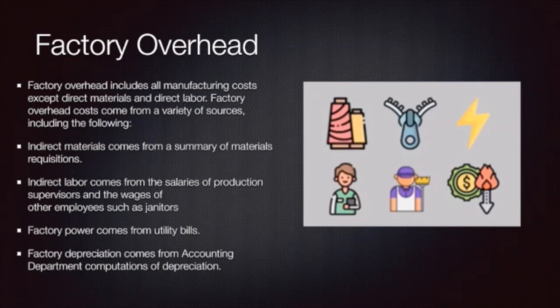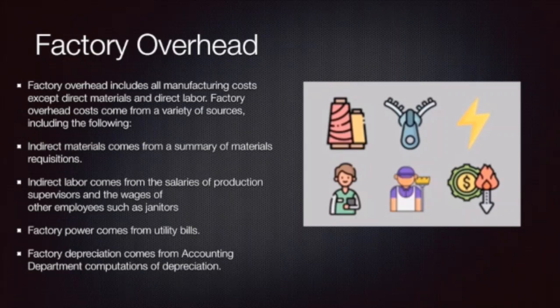Next is the indirect labor that comes from the salaries of production supervisors and the wages of other employees such as janitors. So these individuals will be the workers of a facility but are not directly involved in the production of such product.